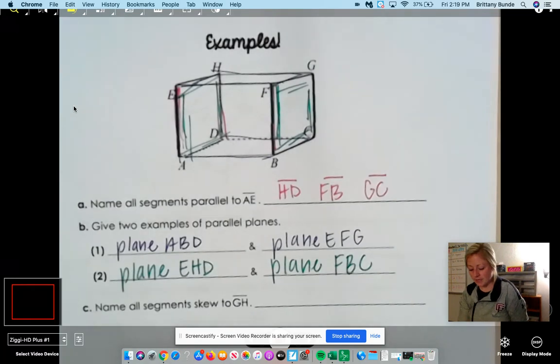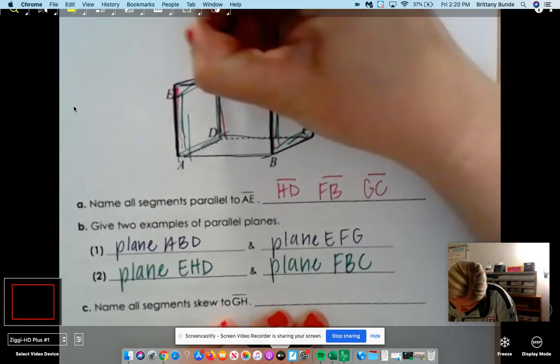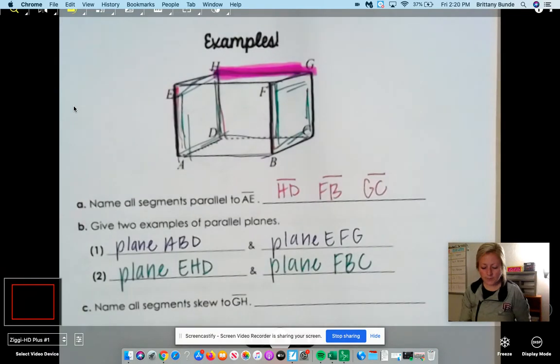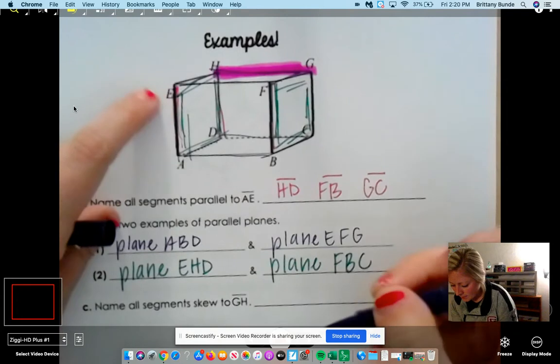Then our last one, name all segments skew to GH. Oh, I kind of regret drawing on this. That's fine. Where's GH? Okay, do you guys see that? That's the one we want. So everything skew to that. Remember, it's going like this, so we can't have any that are going this way, because they'd be parallel. So we could have EA.